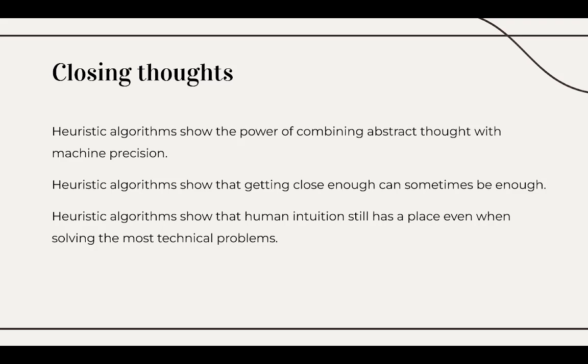And so, some closing thoughts for this presentation. Basically, what I wanted to show is that heuristic algorithms show the interesting relationship between two forms of thought, one that the computer is very good at, one that humans are very good at, and how we can combine those to produce something that is simple to understand and also very precise to solve problems that can be really, really complicated, like the traveling salesman problem.